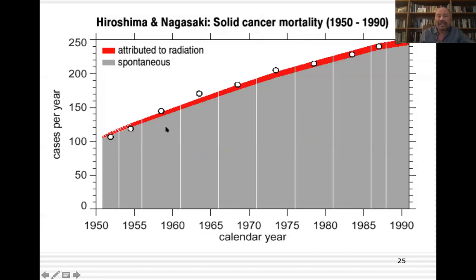But then you see, starting some 10, 15 years after the exposure, and certainly 20 years after the exposure, you start to see an increase. And you see that, of course, the absolute cases per year are much higher here for solid cancer as compared to the leukemia, even though the difference between attributed to radiation and spontaneous is much smaller. So the relative risk is much smaller, but the absolute risk is much higher.